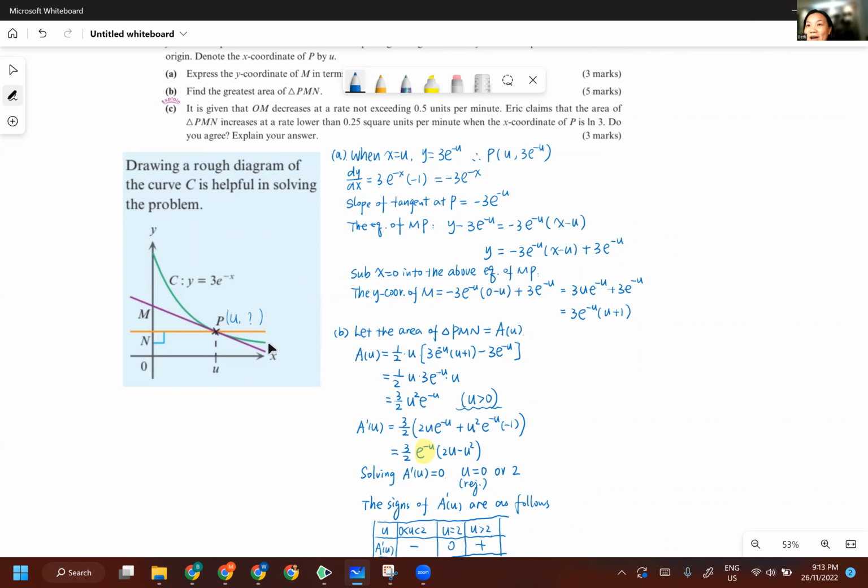In your mind, try to imagine P is moving and M is moving, N is moving along. Now, I can show you the animation using the computer, but I think you can kind of imagine, because the green line doesn't change. So P is on it and moving, kind of like locus, right? And doing that, and then it's changing.